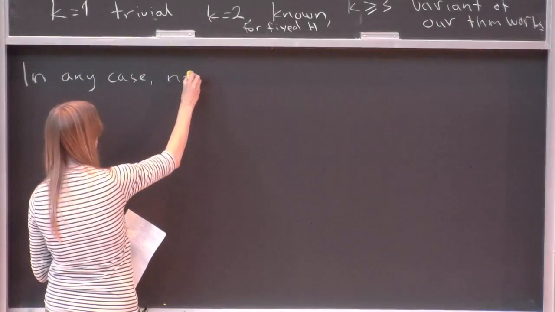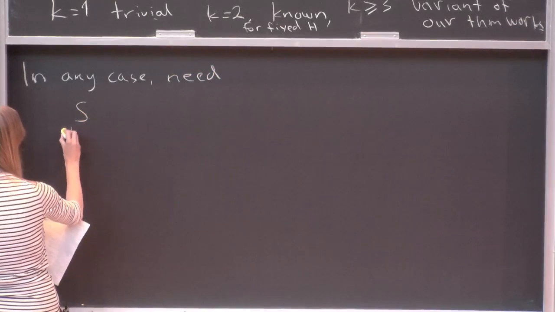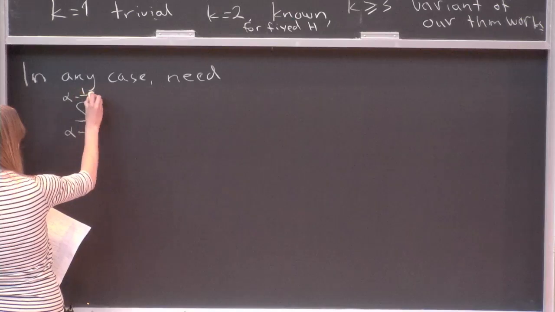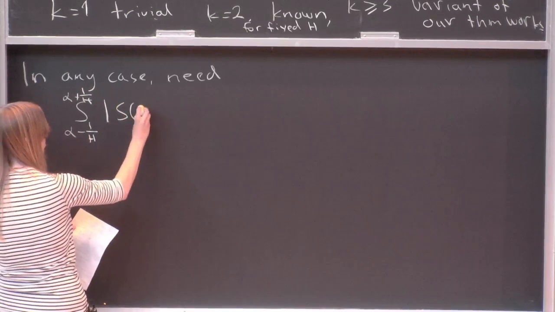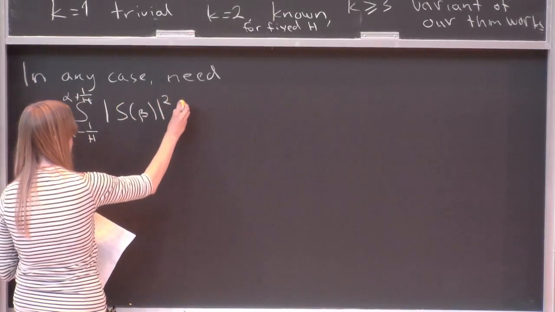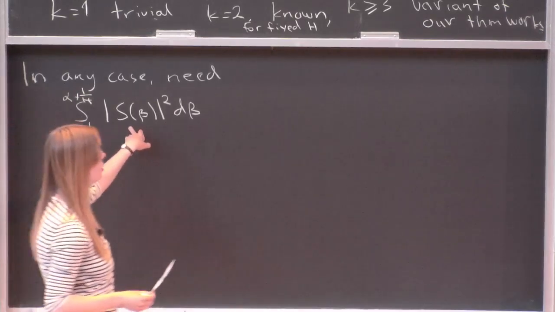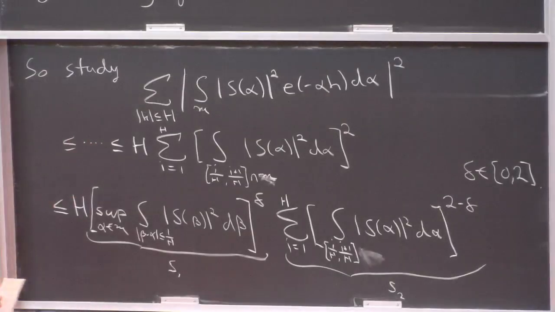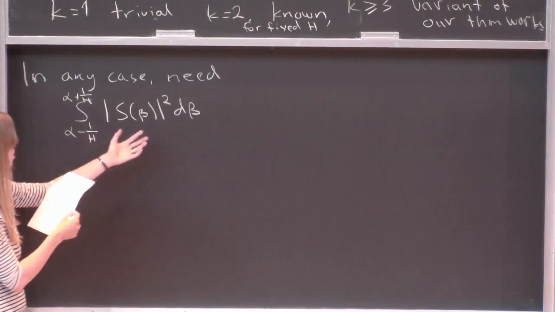So in any case, we need to understand this S1. What we need is this: if we look at alpha, the integral of |S(beta)| squared d beta, and recall that this S(beta) is the exponential sum related to our sequence, so a_n is either the von Mangoldt function or the divisor function. We need to study this, and let me finally say what we need about this.